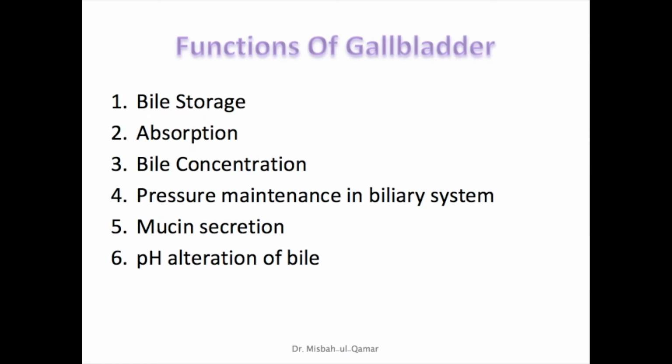The mucosa of the gallbladder absorbs water, sodium, chloride, and other electrolytes from bile. While the gallbladder itself concentrates bile salts, cholesterol, lecithin, and the bilirubin in bile.